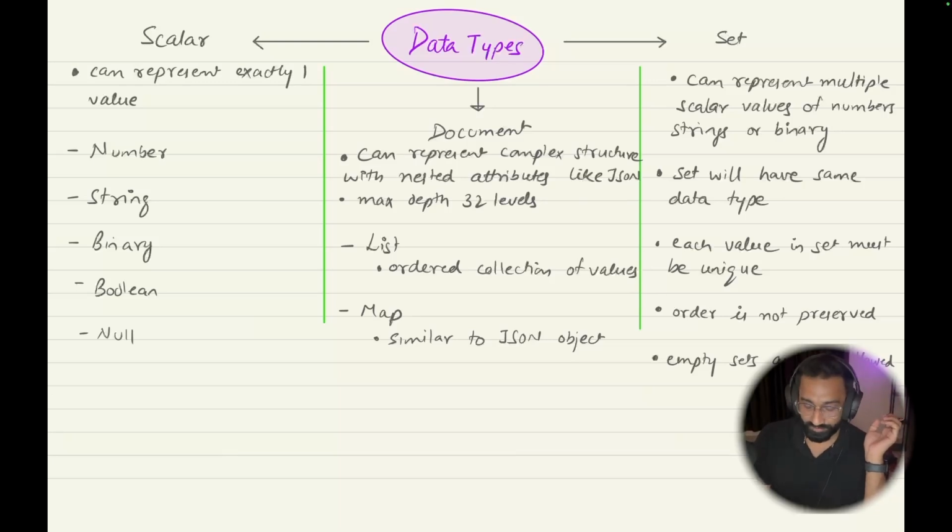And each value should be unique, like we usually have in sets in JavaScript or Python. It is not in order, so you shouldn't expect to get values back in the order you saved them. Empty sets are also not allowed because they won't be unique across your table or an item, and that would cause a problem to save.